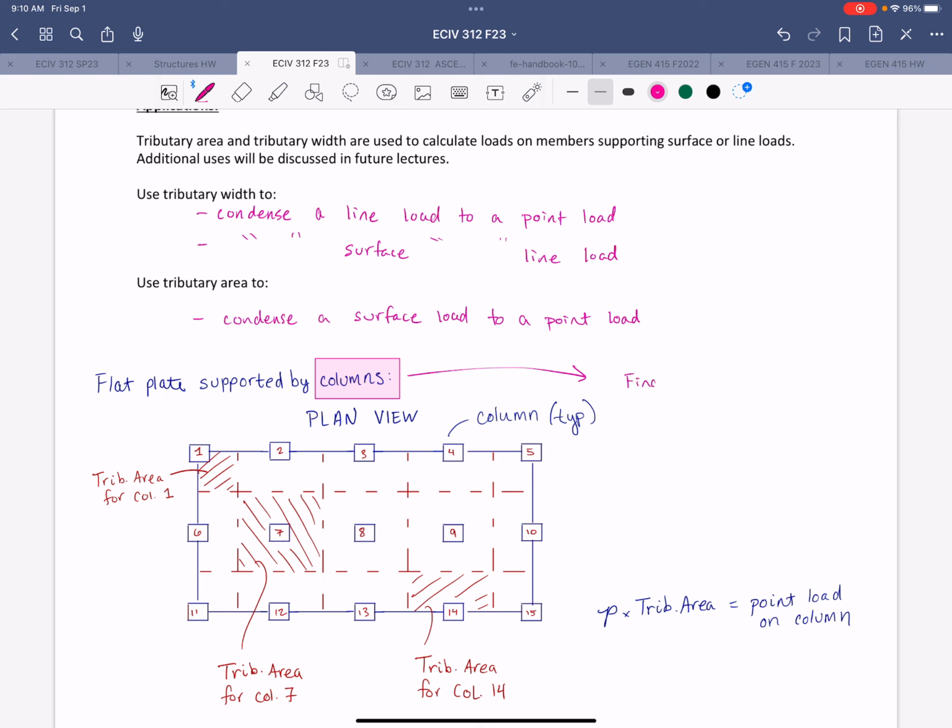So to find the point load on the column, we would start by acknowledging that this lowercase p shown down here in the formula represents the pressure load or surface load that's acting over the area.